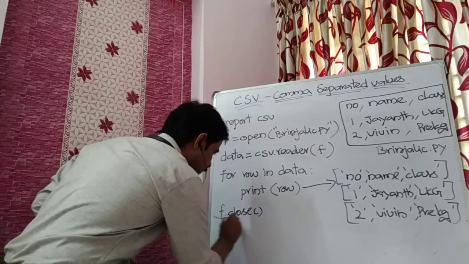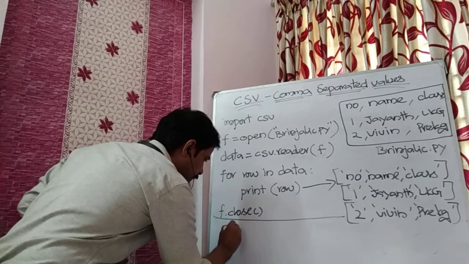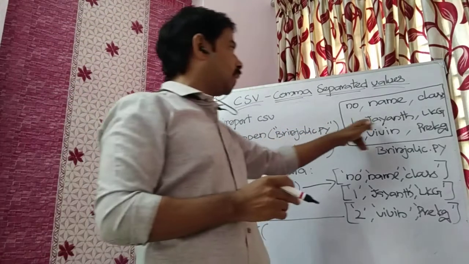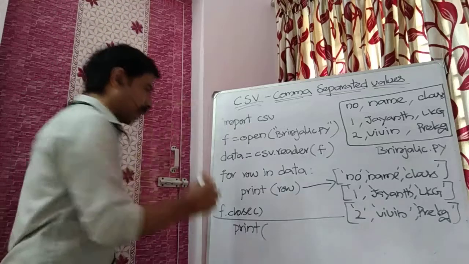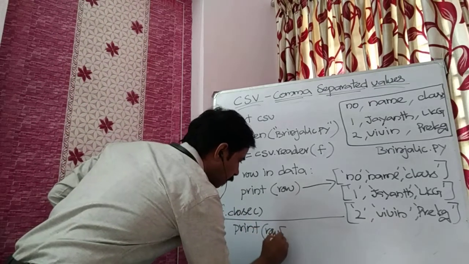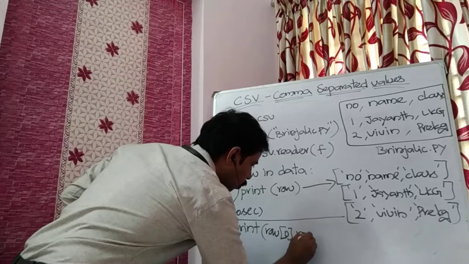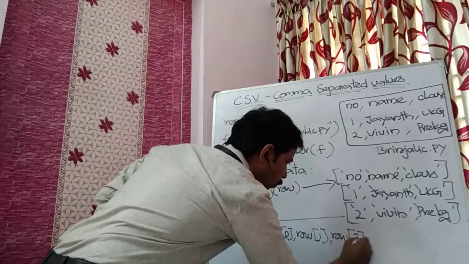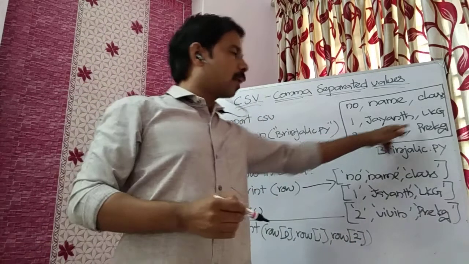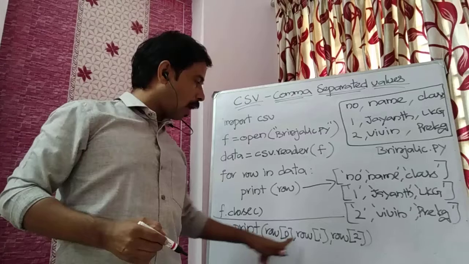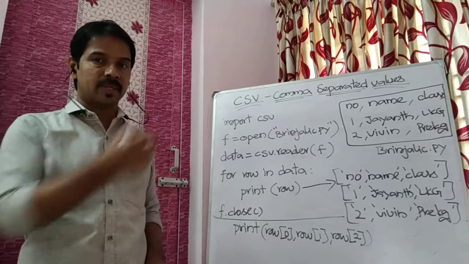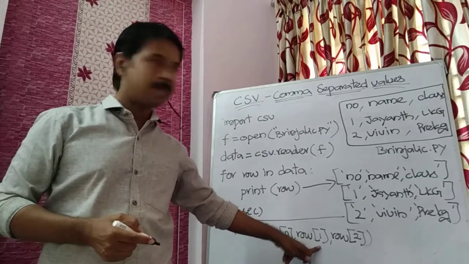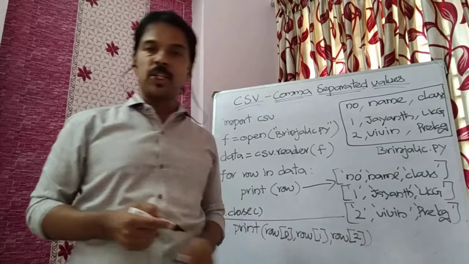You just write print, and I am getting each and every column, meaning field, separately: row of 0, comma, row of 1, comma, row of 2. You see how many columns there are, and that many you have to go. The starting field is location 0, the second field name is 1, and the third field class is 2.